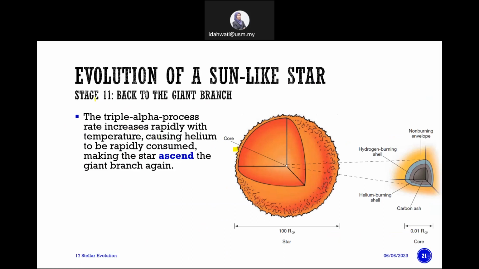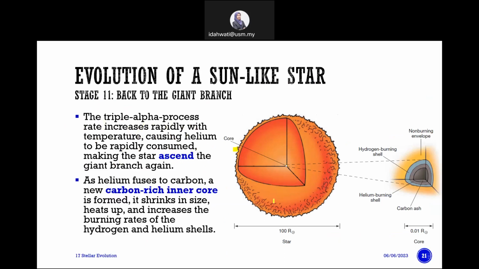For this stage, the triple alpha process rate increases rapidly with temperature, causing the helium to be rapidly consumed and sending the star up the giant branch again. At this stage, we form a new inner core.